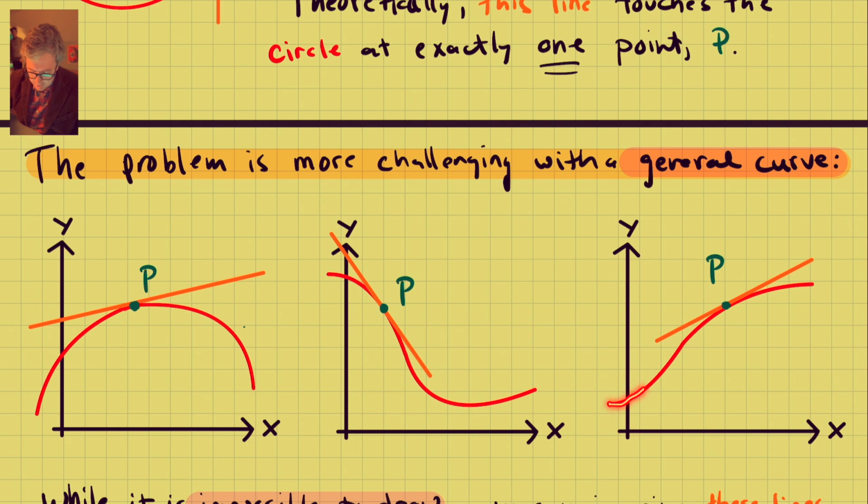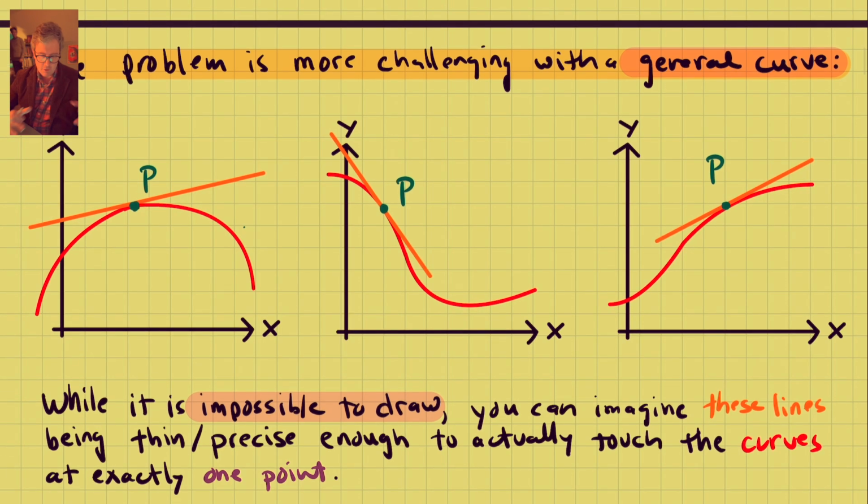And then another curve here with a tangent line again drawn at a point P. The key idea here is, while it is of course impossible to draw, you can imagine these lines being thin enough and precise enough to actually touch the curves at one point. You have to go into your geometry mind space and imagine such things. You can't draw it, but you can imagine that reality.